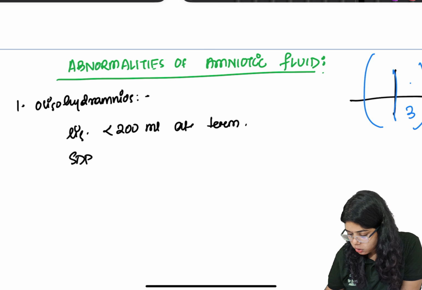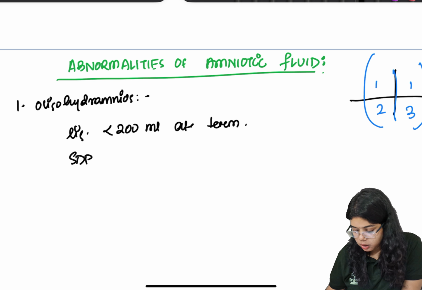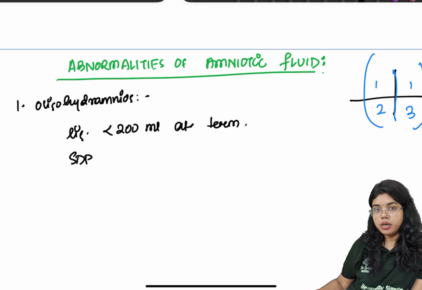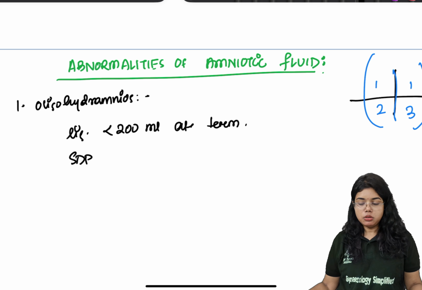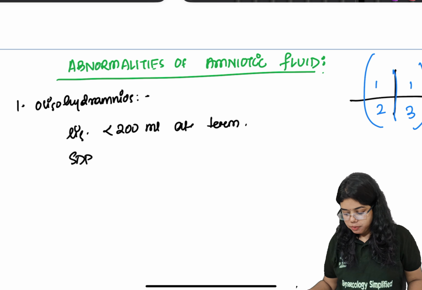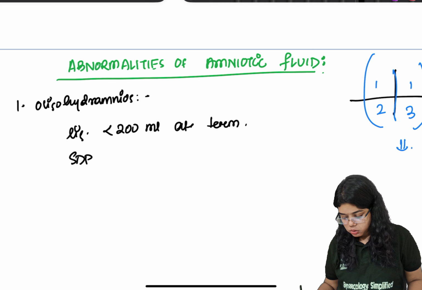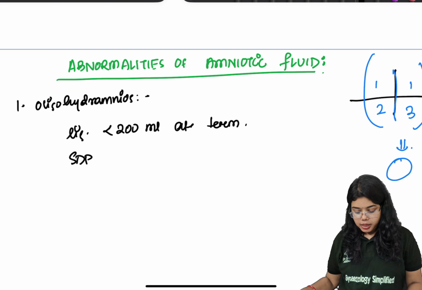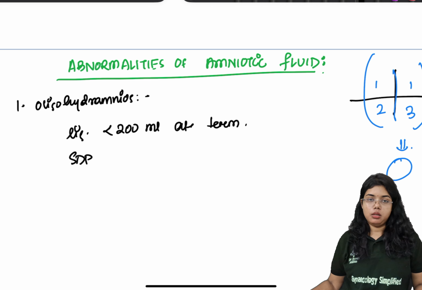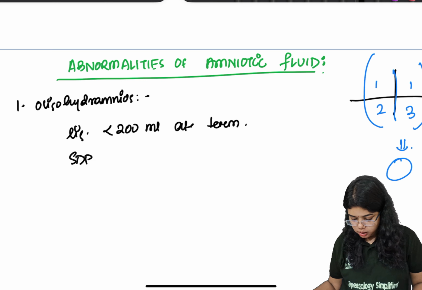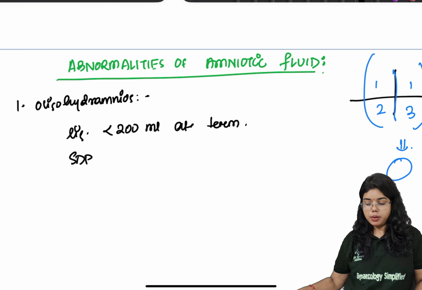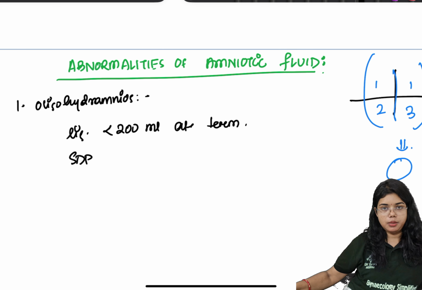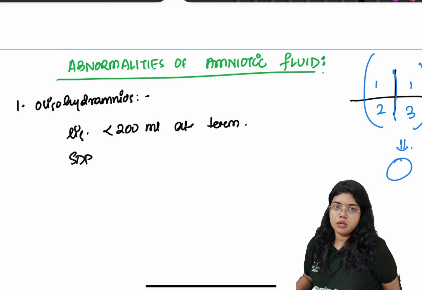In all quadrants we add the liquor, taking the single deep pocket that is free of any umbilical cord or fetal parts, and that total is taken as the amniotic fluid index. But when we take a single deepest pocket, that is called STP, that is the best parameter.